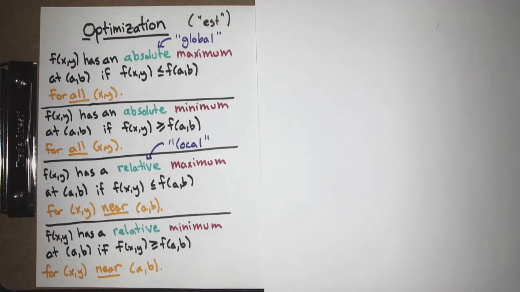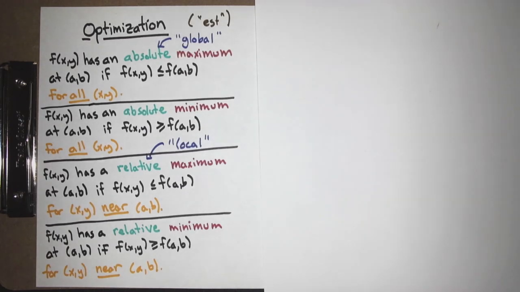Remember, calculus is really good at understanding what's happening very nearby. I'm a local minimum if nearby, I am the smallest point. There's nothing near me that's smaller. There could be smaller things far away, and that's okay. I only care about what's happening nearby. So we have our global max and min, and our local max and min.